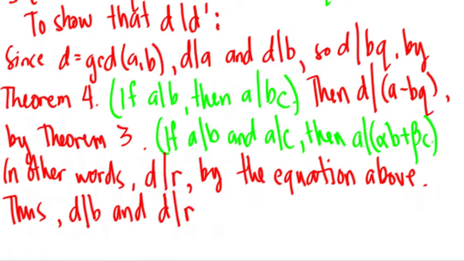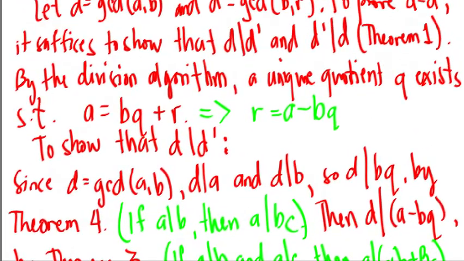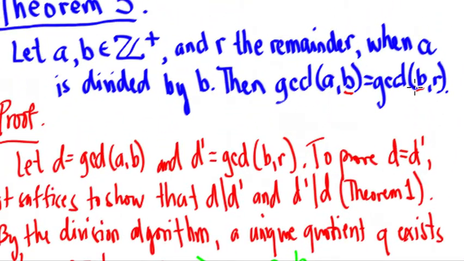So we can say D divides the GCD of B and R. That is, D divides D prime, because we know that D prime is equal to the GCD of B and R over here, which we let as D prime.